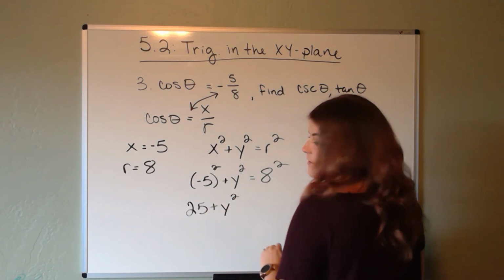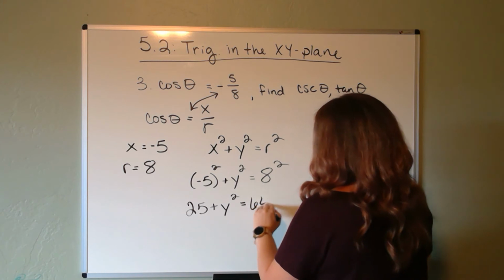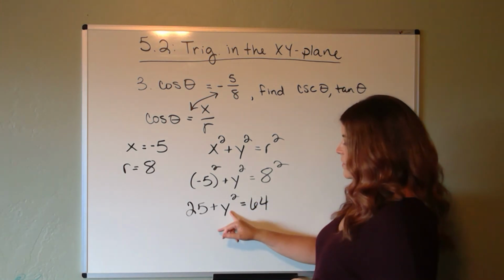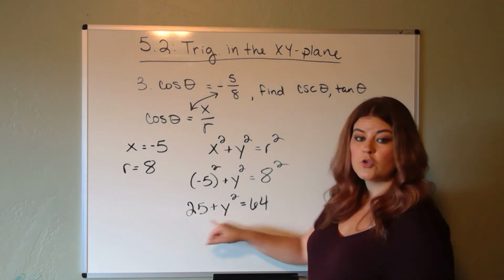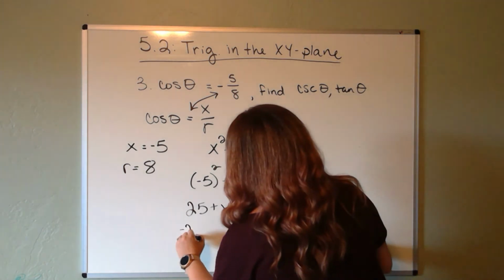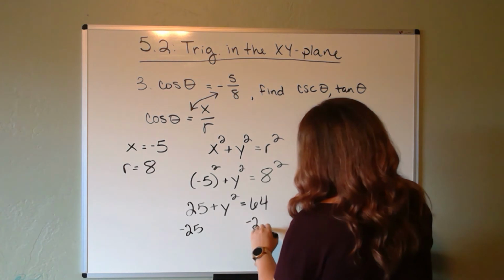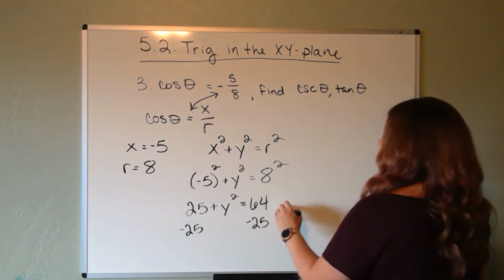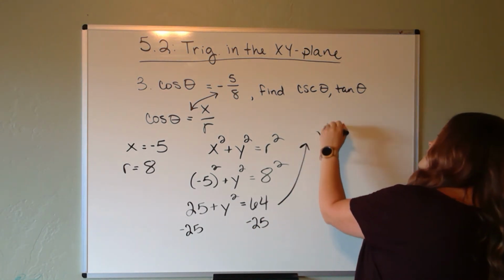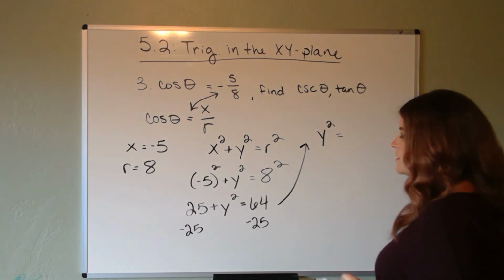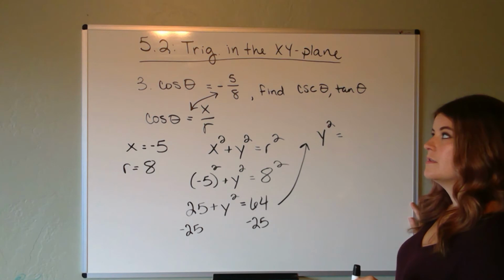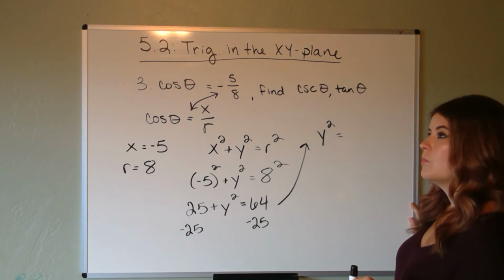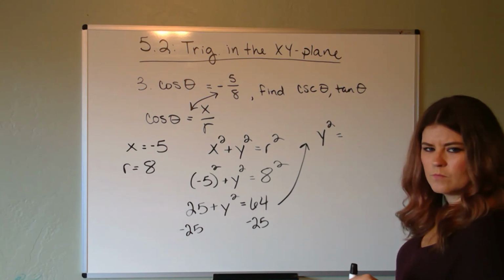So I have 25 plus y squared equals 64. I'm trying to get y squared by itself, right? That's what I need to isolate. So I need to subtract 25 from both sides. I've isolated y squared. 64 minus 25 is 39.